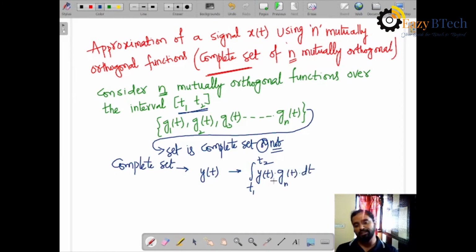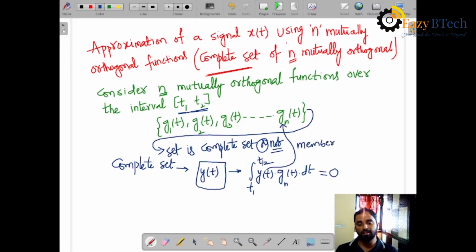If you perform this integral over the interval t1 to t2, taking this outside function and integrating with any one of this set, either g1 or g2 or g3 or g4, if you get the result 0, then this y of t will also become a member of the orthogonal set.